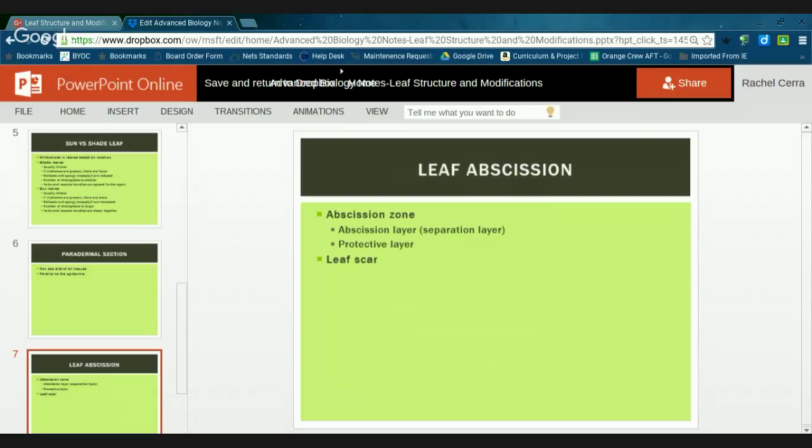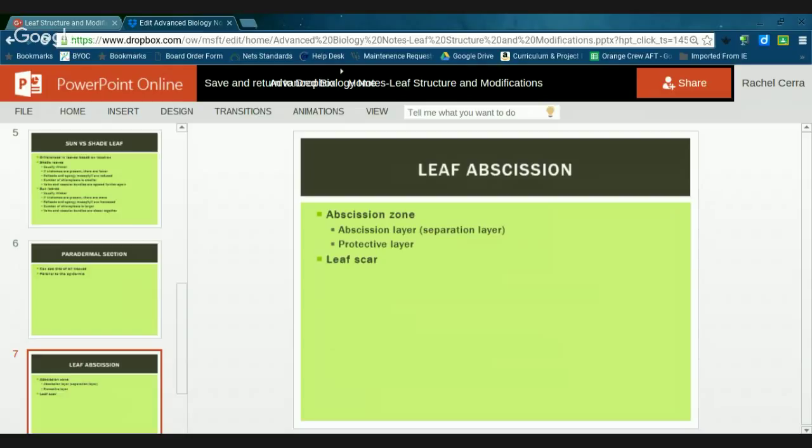And then what ends up happening is the leaf at that point is going to detach from the stem, and what's going to be left behind that was made from that protective layer is what's called a leaf scar. So I drew that for you as well up there.